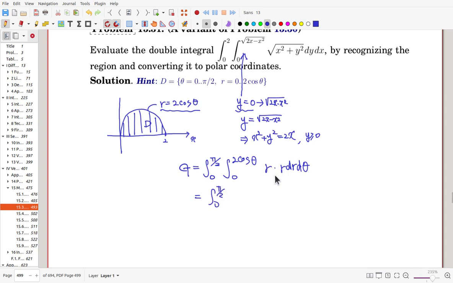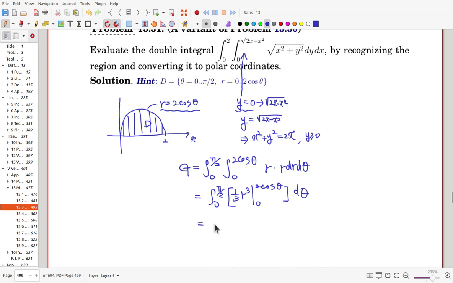So that is from 0 to pi over 2, and there's r squared, so one third of r cubed from 0 to 2 cosine theta. After evaluating this, we have to do the theta integration.